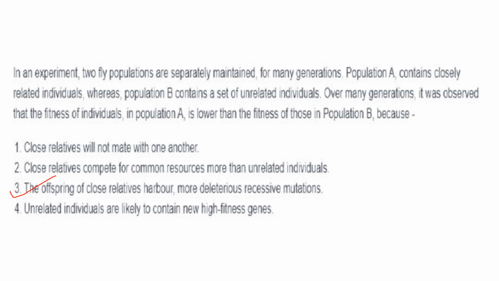So naturally there will be reduced genetic diversity and they will be more vulnerable to diseases, and there will even be increased expression of deleterious recessive mutations, and all these conditions can lower the fitness of population A. So 3 is the right answer. Fourth one, unrelated individuals are likely to contain new high fitness genes. That is also not correct.